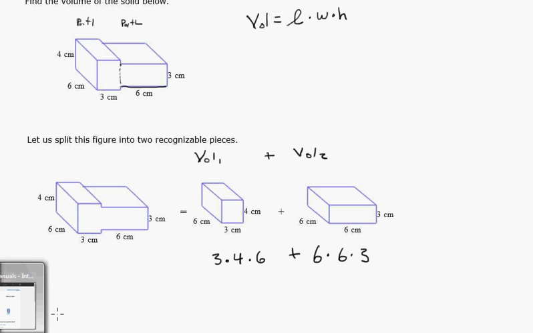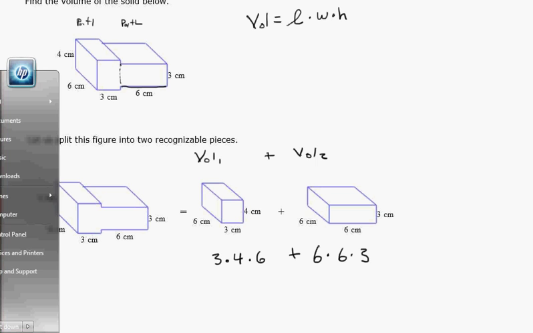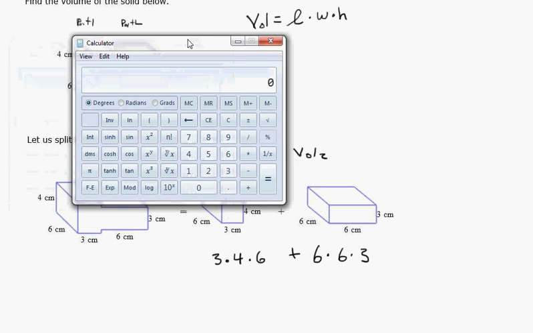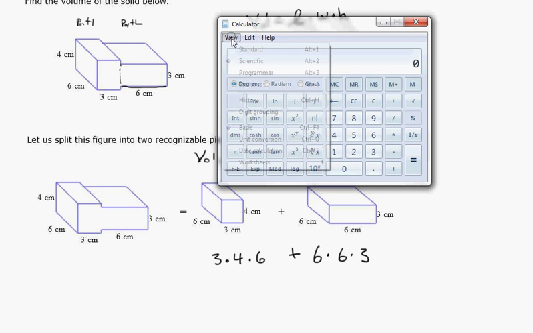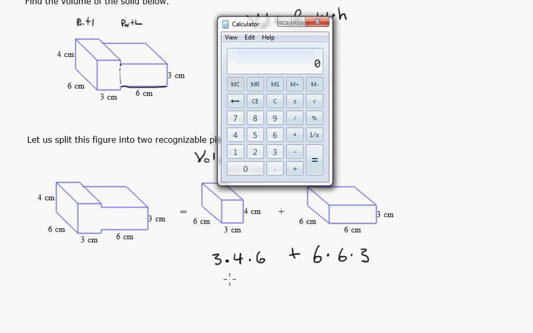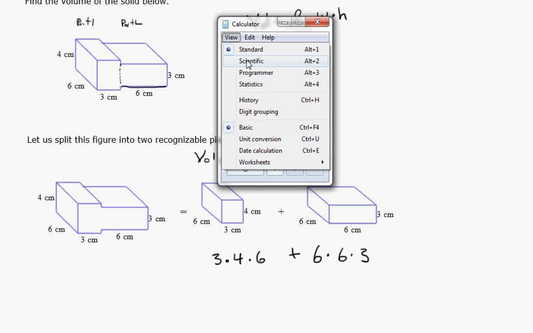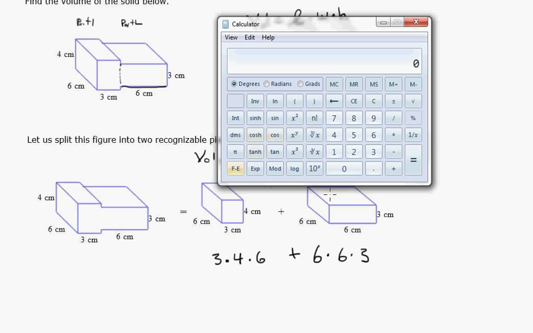To set it up, you can find a calculator if you want. Where's mine? Here we go. If I have it in standard mode, I have to do 2 calculations and then add them. If I put it into scientific mode, I can do this all at once.